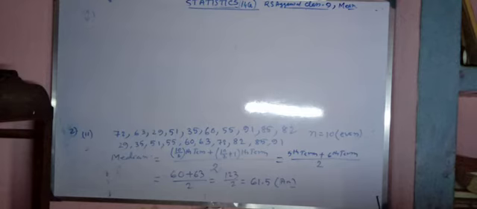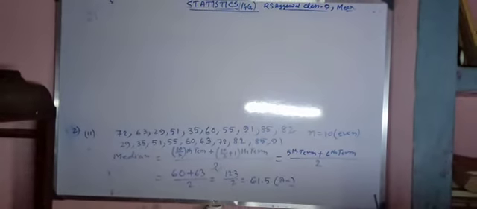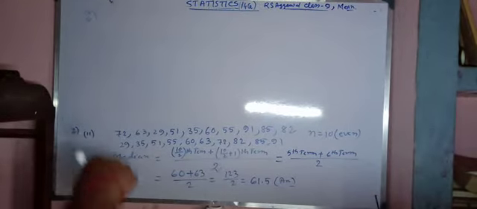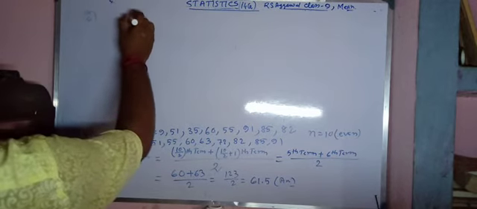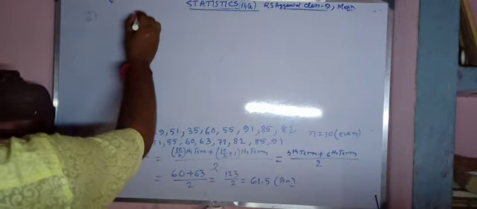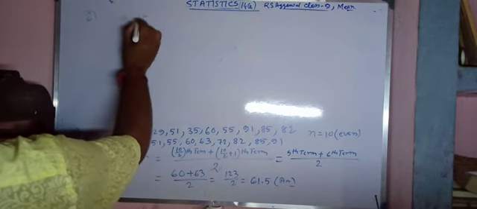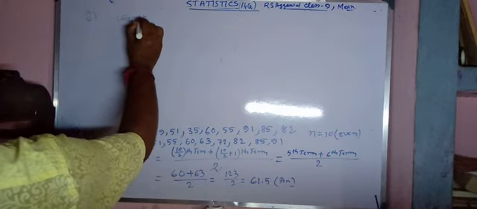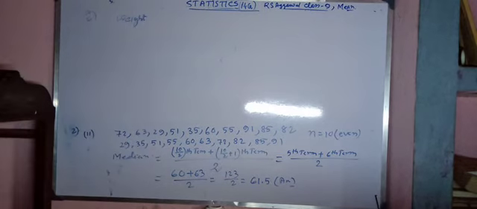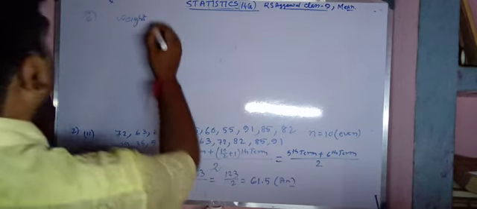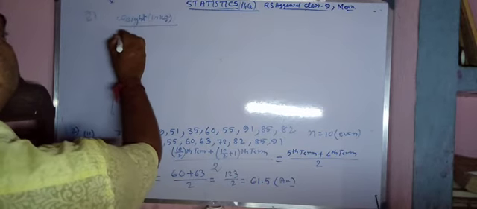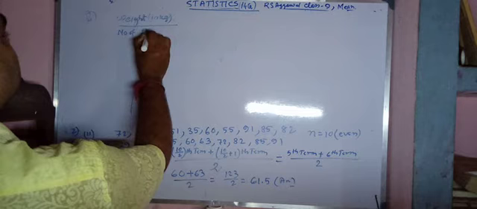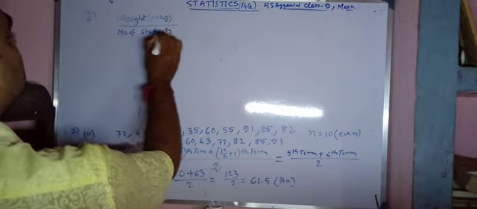Here one table is given. That is weight in kg. In this table, the weight in kg and the number of students are given.